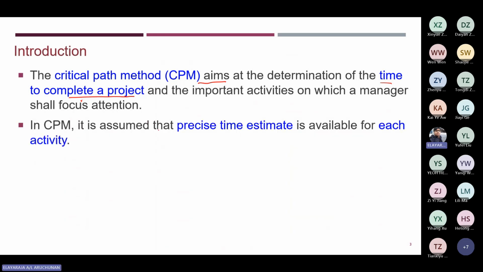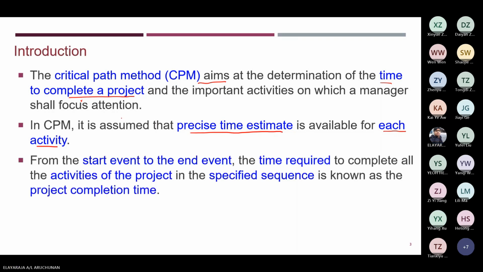The CPM assumes that a precise time estimate is available for each activity. So we're going to calculate how long each task or activity is estimated to take in order to complete successfully.